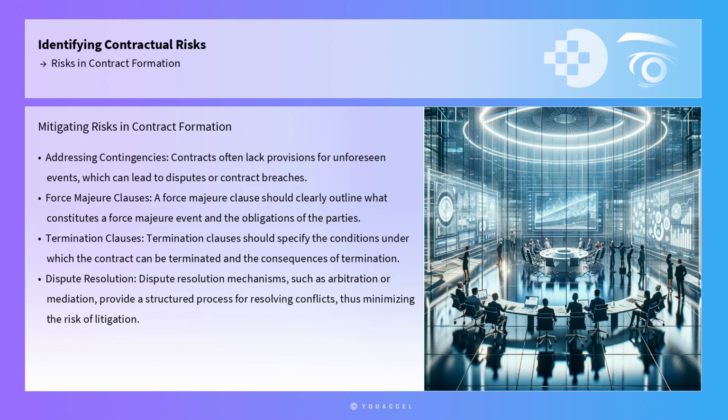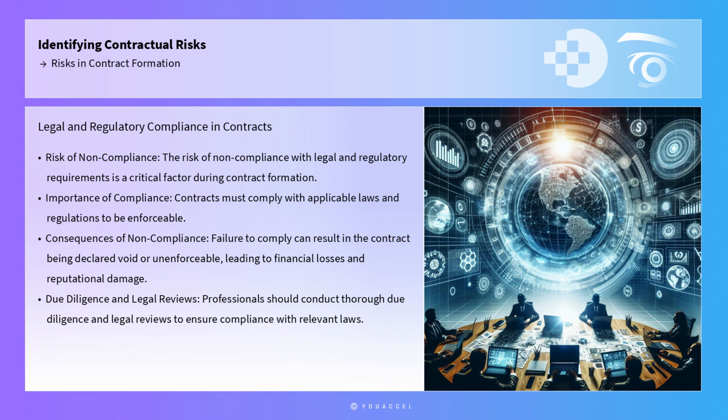Termination clauses should specify the conditions under which the contract can be terminated and the consequences of termination. Dispute resolution mechanisms, such as arbitration or mediation, provide a structured process for resolving conflicts, thus minimizing the risk of litigation.